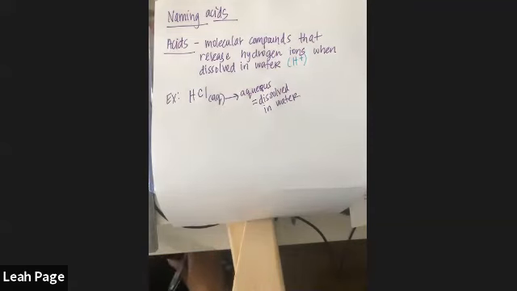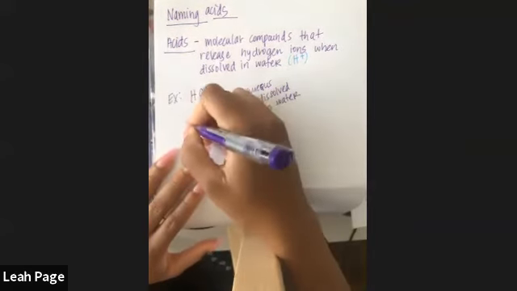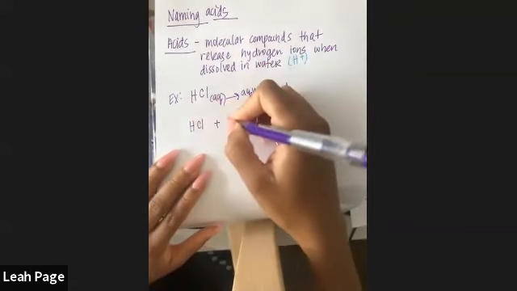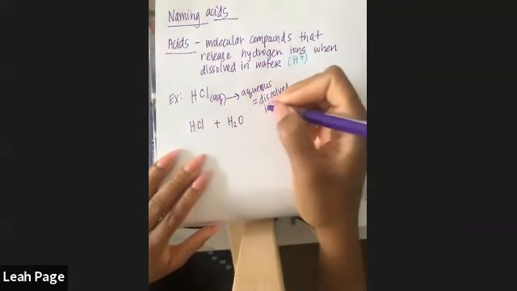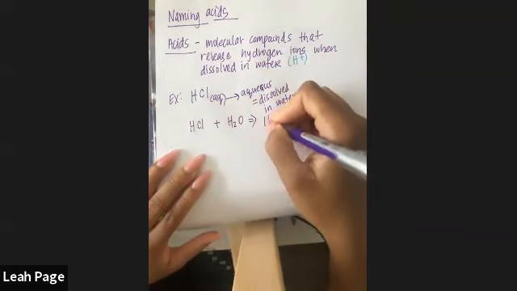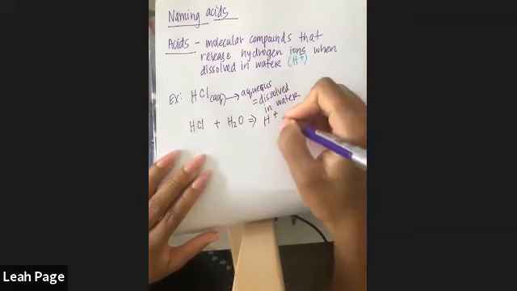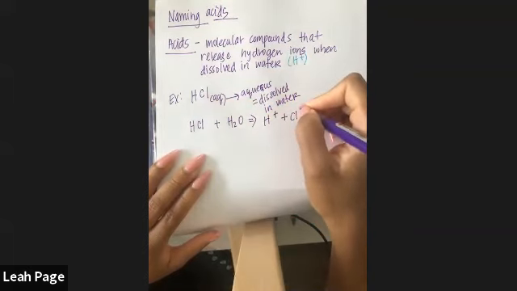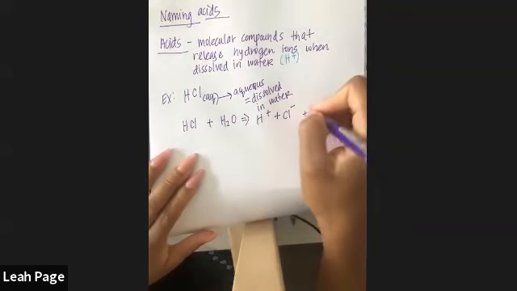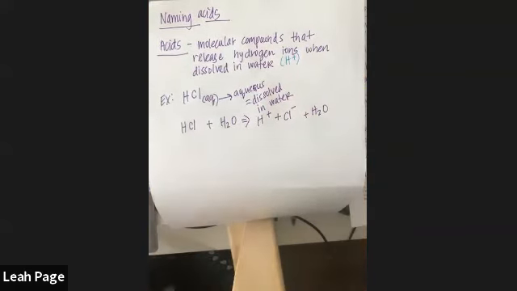So what this is saying is that if I take hydrogen chloride, which is just HCl, and I put it in some water, what ends up happening is it's going to break apart into hydrogen ions plus some chlorine ions. They're floating around in the water, basically.